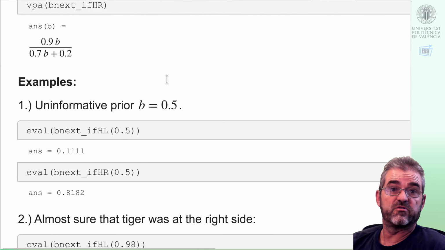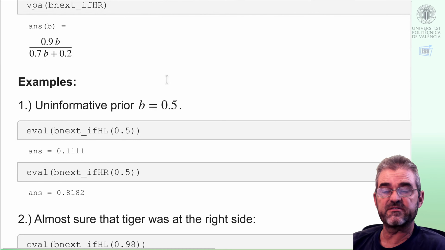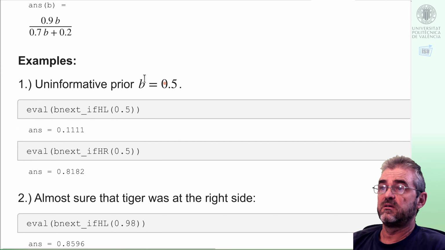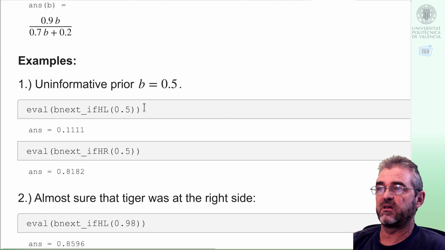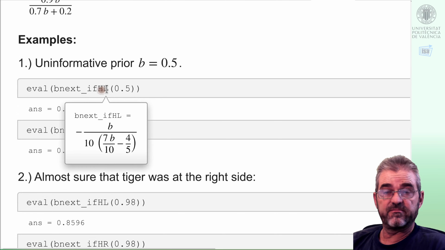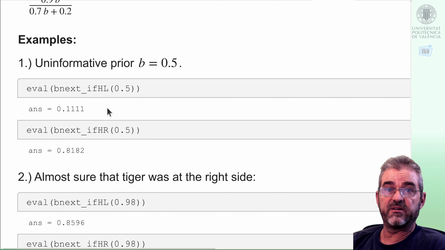And if I execute for some prior beliefs, let's say my prior was non-informative, no preference for which side the tiger could be, then if I hear left and I apply the formula, my belief of being at the right will diminish from 0.5 to 0.11.